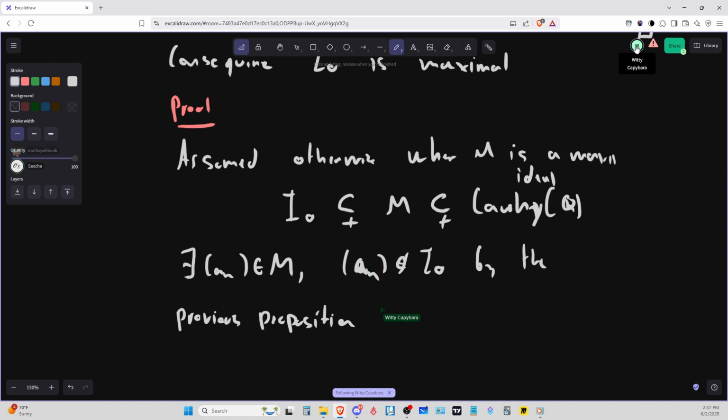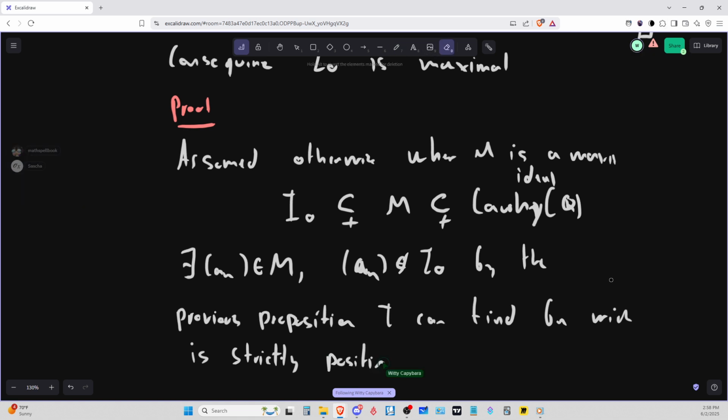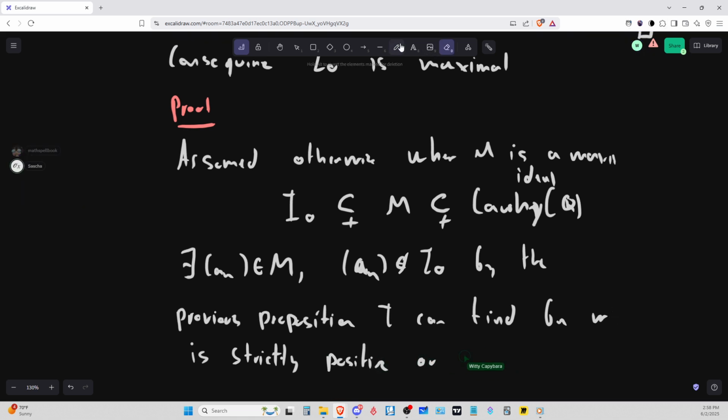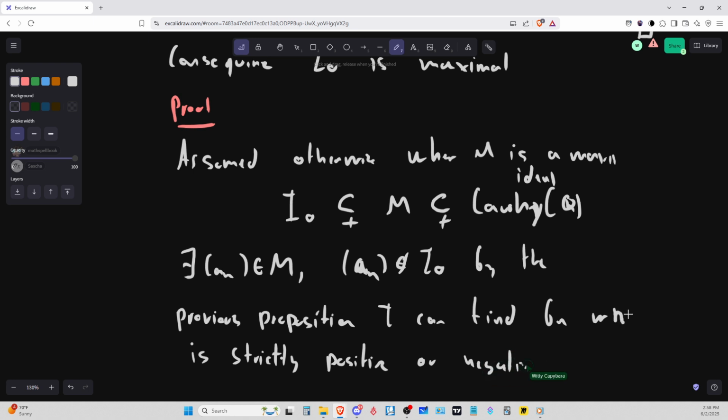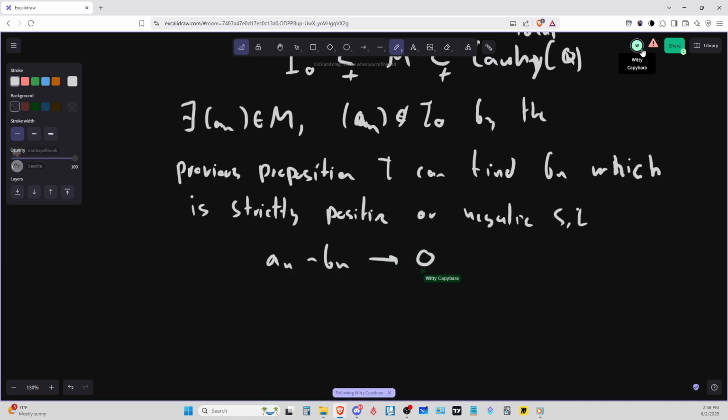By the previous proposition, I can find bn, which is strictly positive or negative, such that an minus bn is converging to 0.